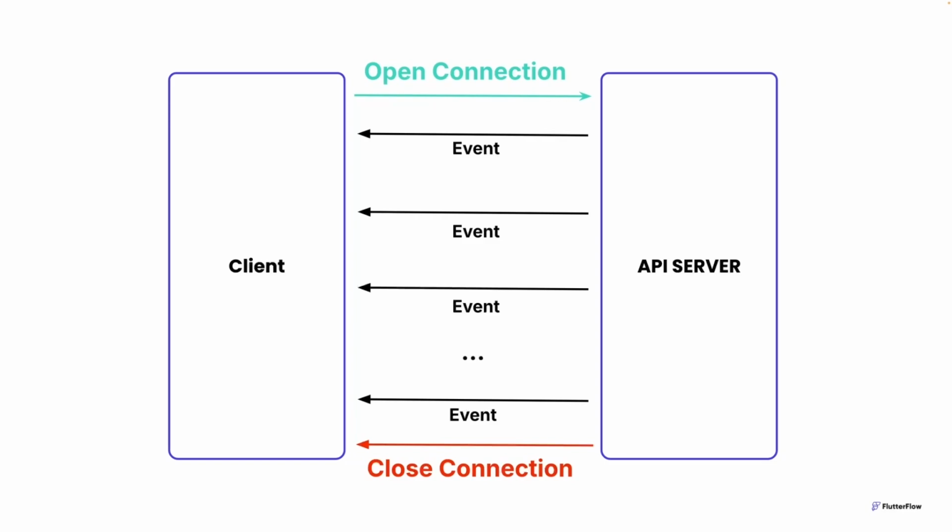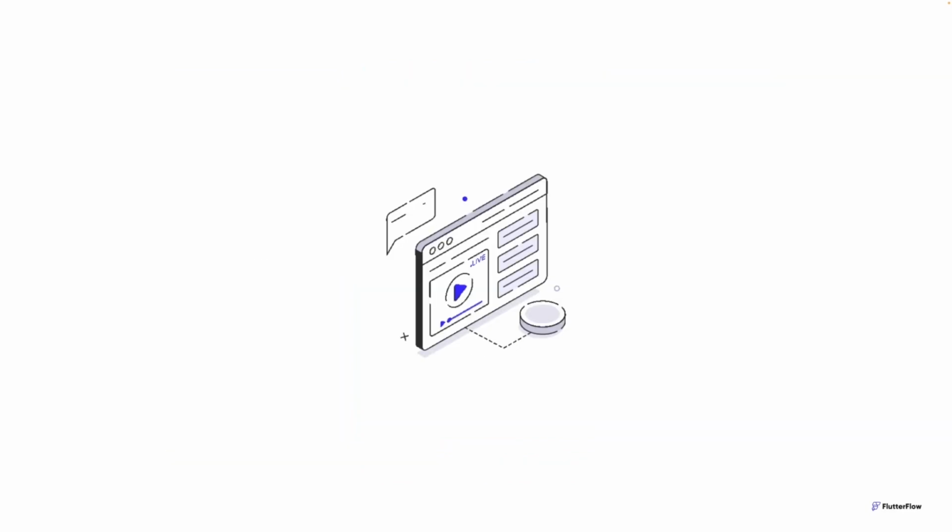This is particularly useful for applications that require live updates, such as live sports scores, stock market tickers, chat applications, and real-time notifications. This reduces latency and improves the user experience by providing immediate feedback.